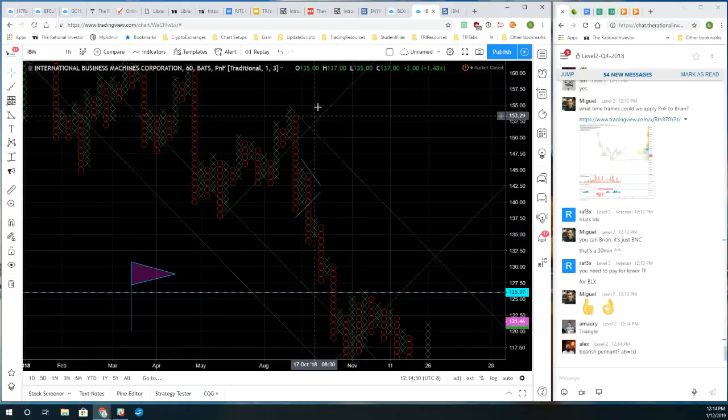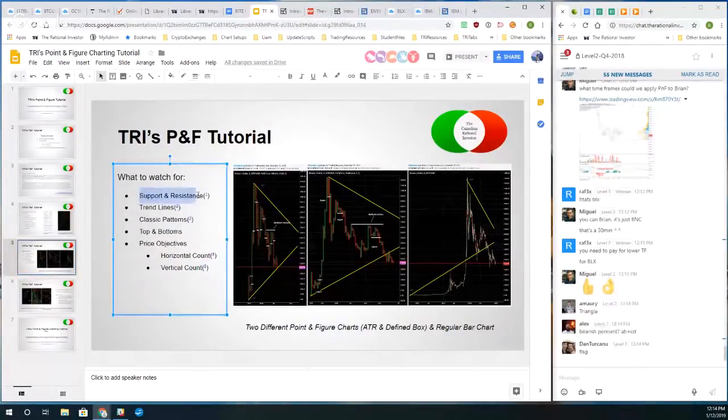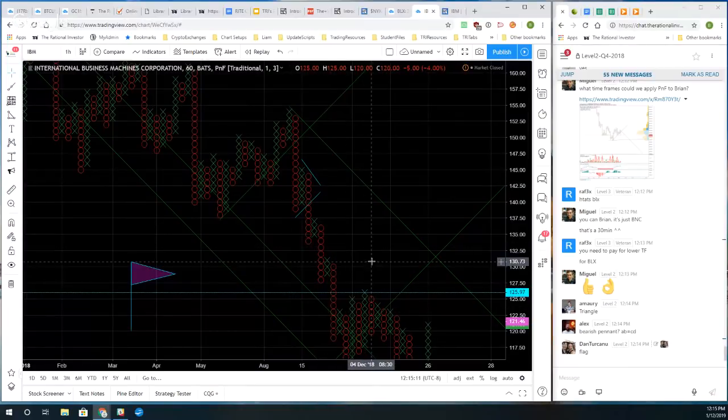This is sort of our next key point on point and figure charting. We talked a little bit about support and resistance. It works really, really well for identifying support and resistance. We talked a little bit about trend lines. Like I said, it's really simple to draw trend lines on point and figure charts.